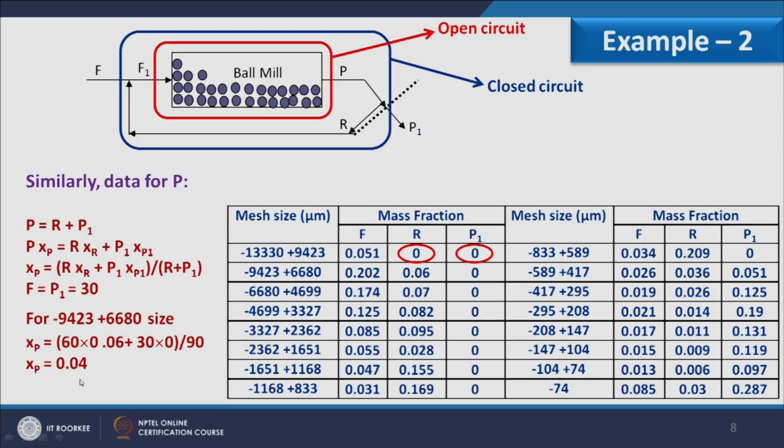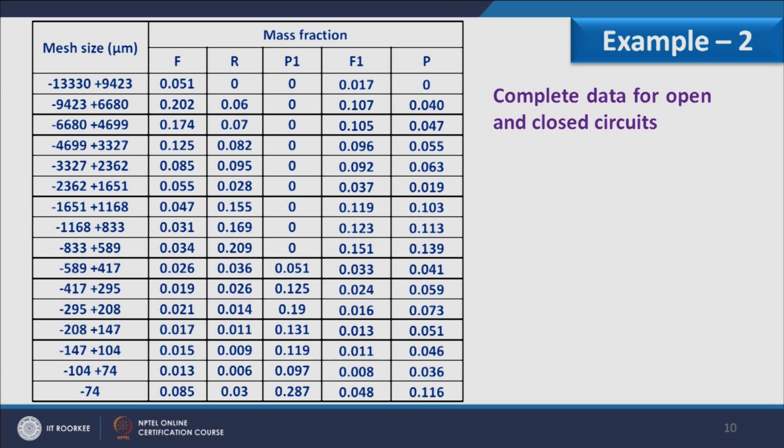So, xP over here we can get 0.04. Following this method, we can calculate all fractions of P corresponding to different sizes. So, in this table all mass fractions of P for the open circuit are shown. So, this is the complete data for the open as well as the closed circuit.